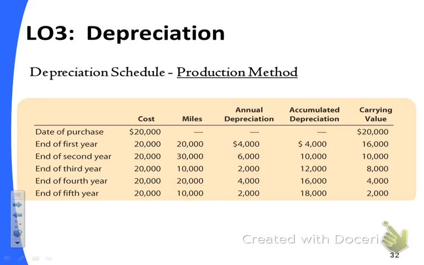So a typical depreciation schedule for our production method will look very similar to that schedule that we showed for our straight line basis. However, this annual depreciation number will totally depend upon the amount that the copier or that production piece of equipment is used during a year.